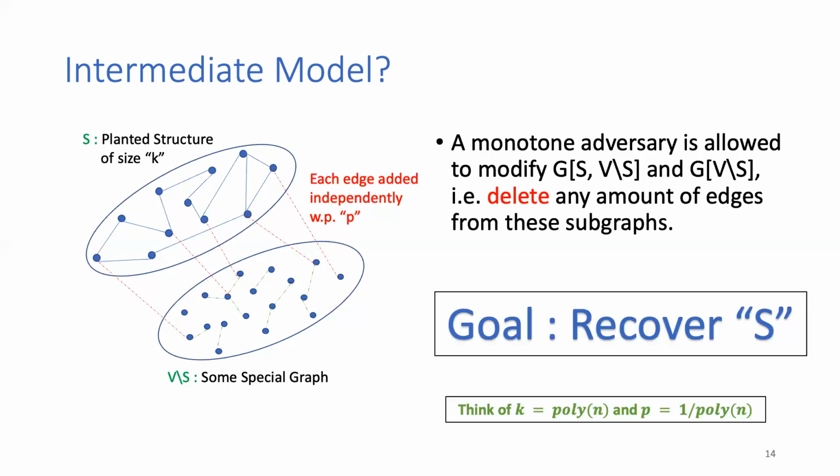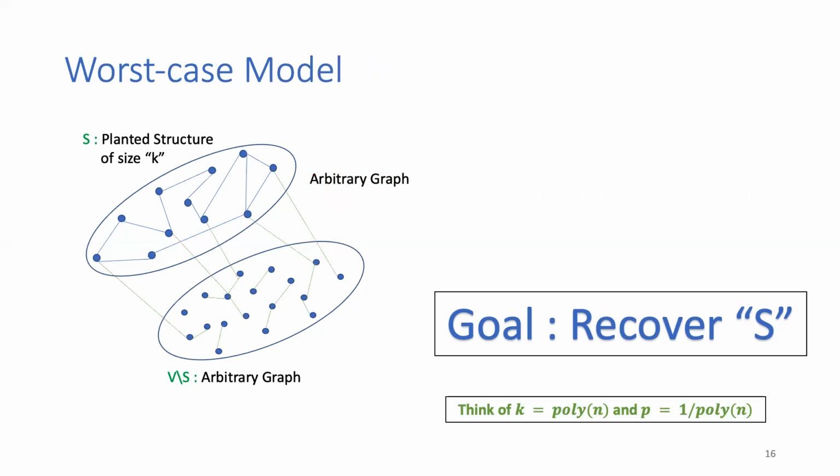Note that in contrast to the typical approximation algorithms literature, where the goal is to get better approximation factors, here our goal is not just that but also to recover S. I'll say more when I talk about the concrete problem. If you haven't understood anything till now, most of these things I'm going to repeat in the second part of my talk.